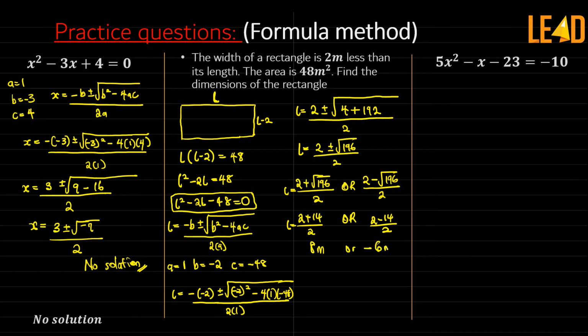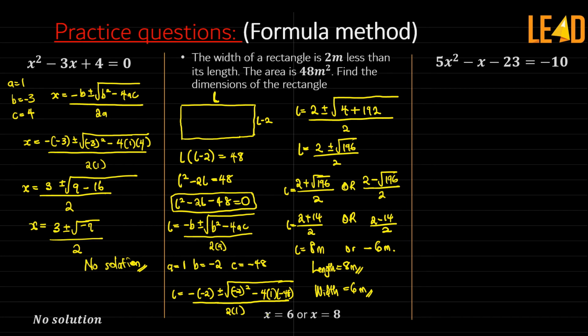negative 6 meters. Of course, you're dealing with a dimension, so you can't have negative 6 meters as a length, so your answer is obviously 8. So L is equal to 8, so your length is 8 meters, and then our width is 6 meters. Length is 8 meters, width is 6 meters, right?